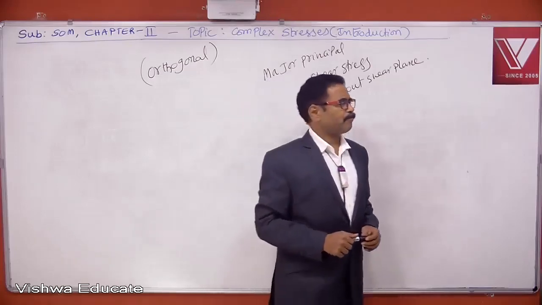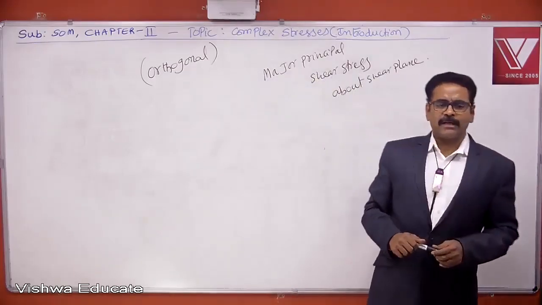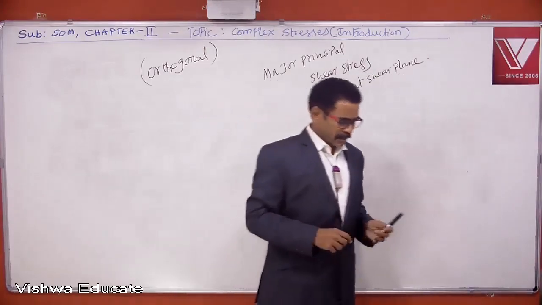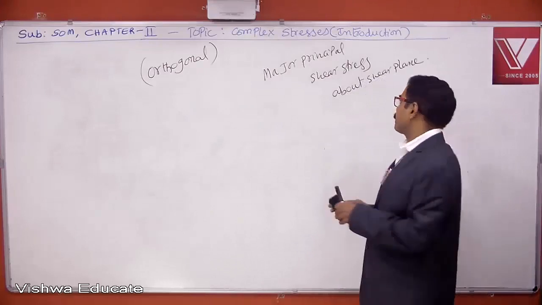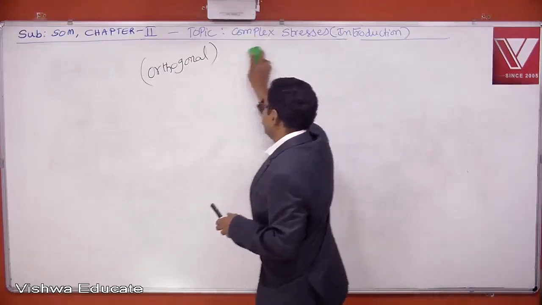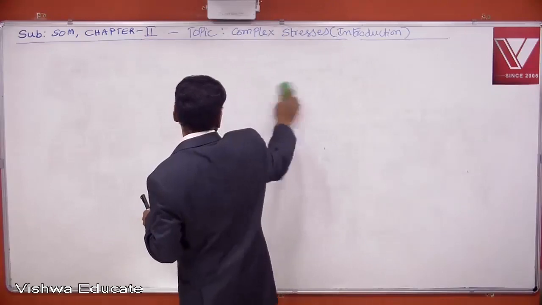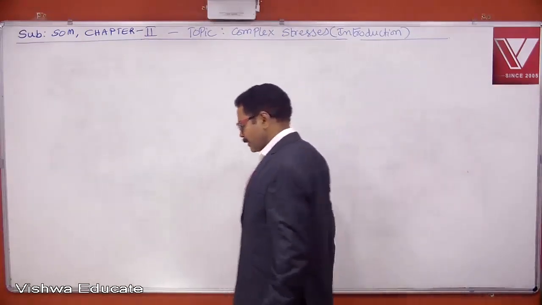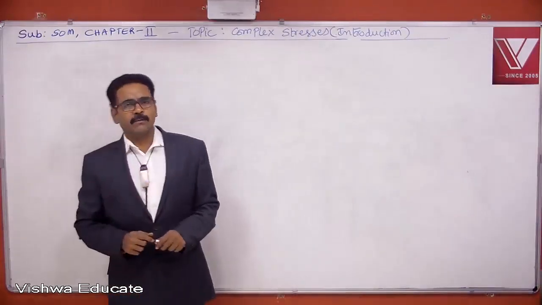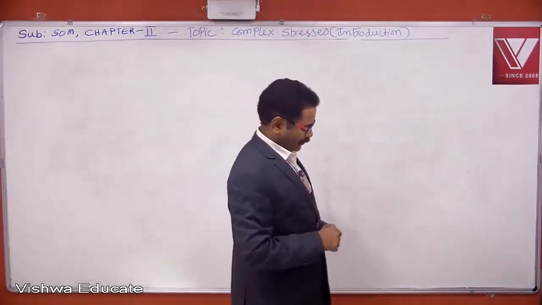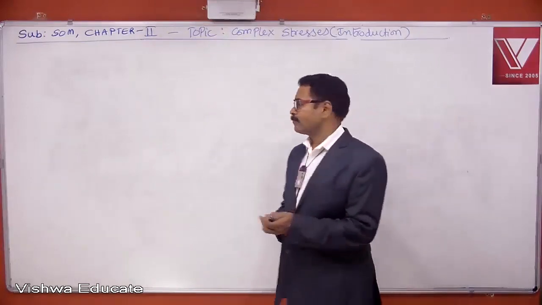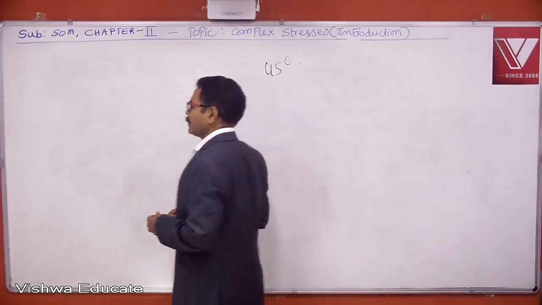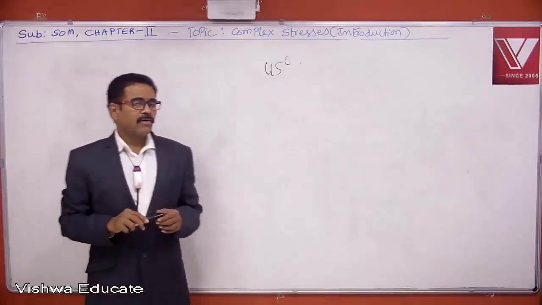Next point. The angle between a principal plane and corresponding shear plane is 45 degrees.